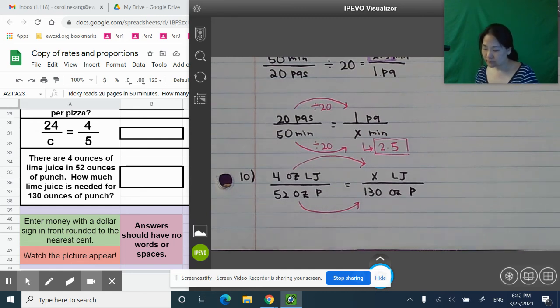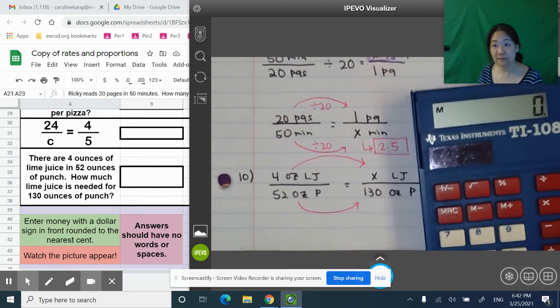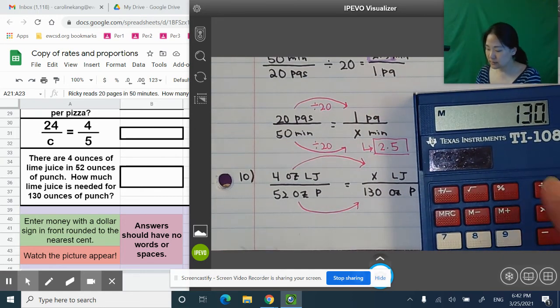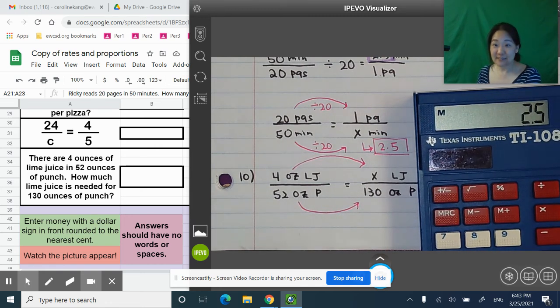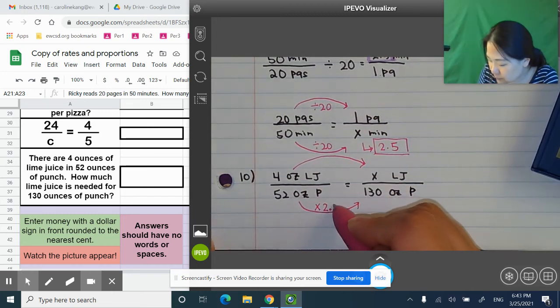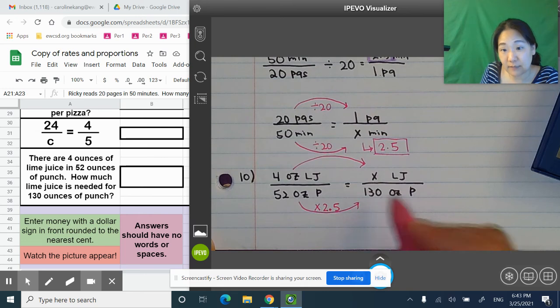Well, let me first try and see if it works out nicely. 130, bigger number divided by smaller number to see. And it does give you a nice decimal. So I know that 52 times 2.5, I just got that on my calculator, is 130.